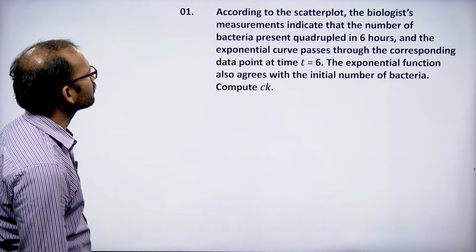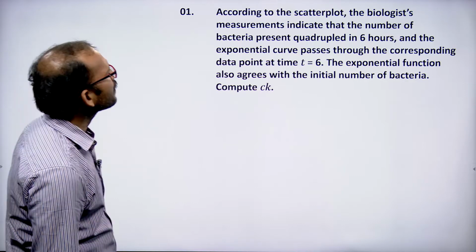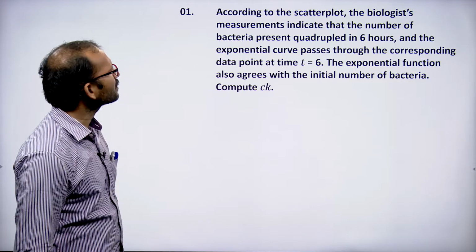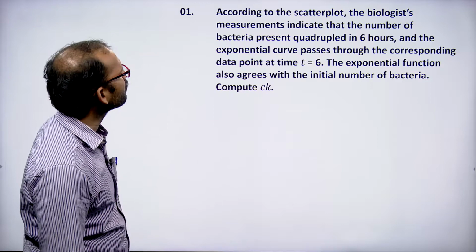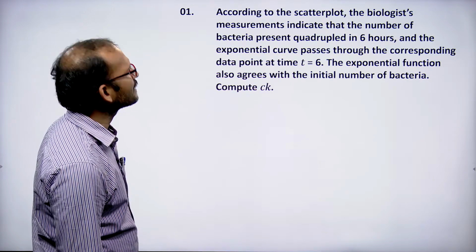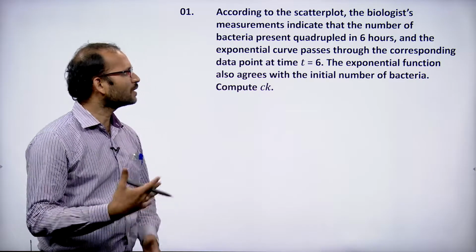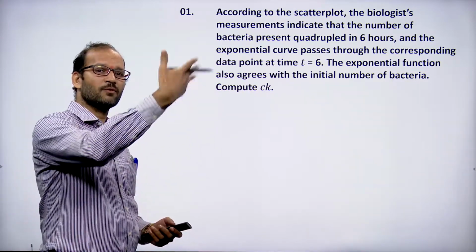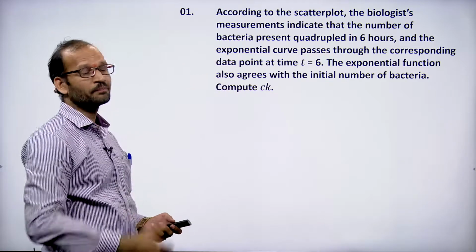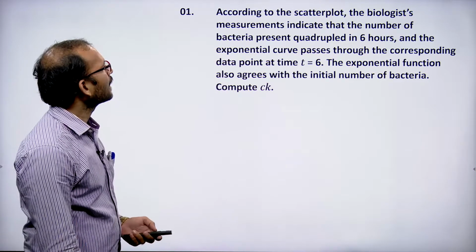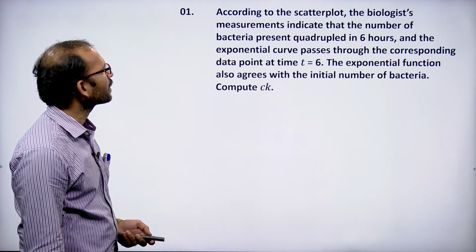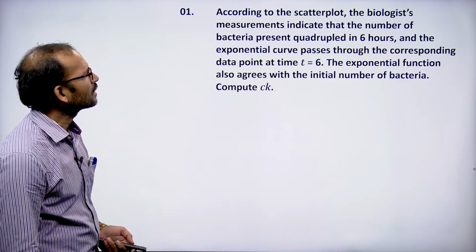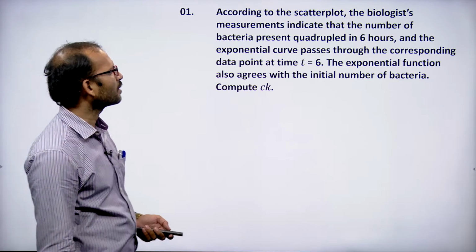Let us solve the questions based on this. According to the scatter plot, the biologist's measurements indicate that the number of bacteria present quadrupled in 6 hours, and the exponential curve passes through the corresponding data point at time t equal to 6. The exponential function also agrees with the initial number of bacteria.